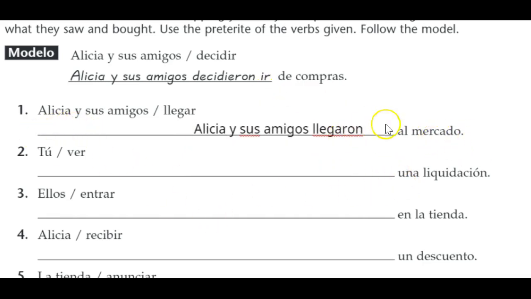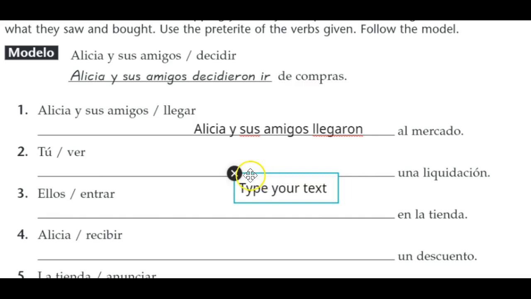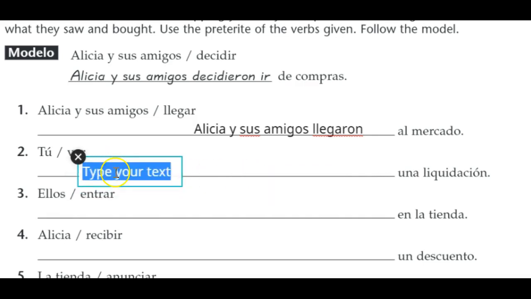They arrived at the market. Okay, we're going to say tú, which is you, and ver, which is to see. And we're going to say that you saw una liquidación, a sale. You saw it, and it's like the English word liquidation, right? We mean a sale, right?